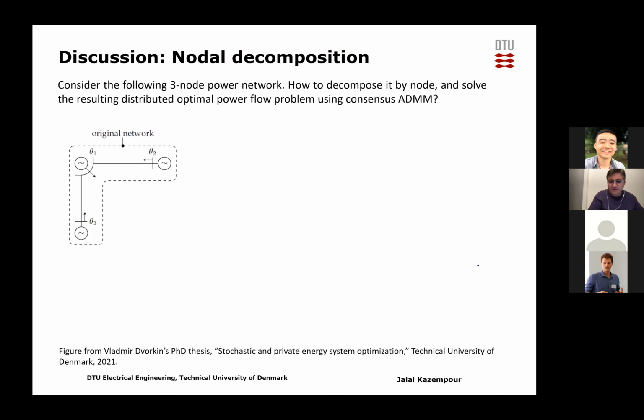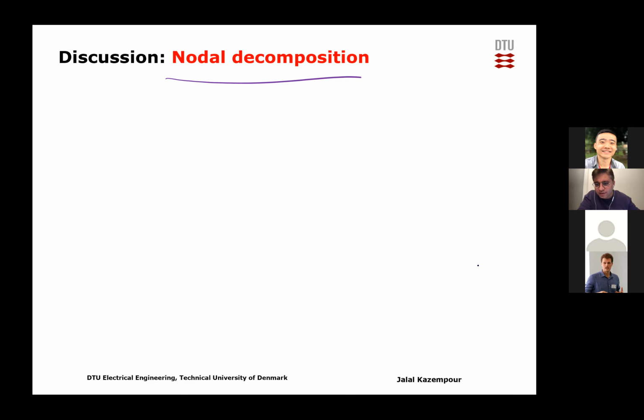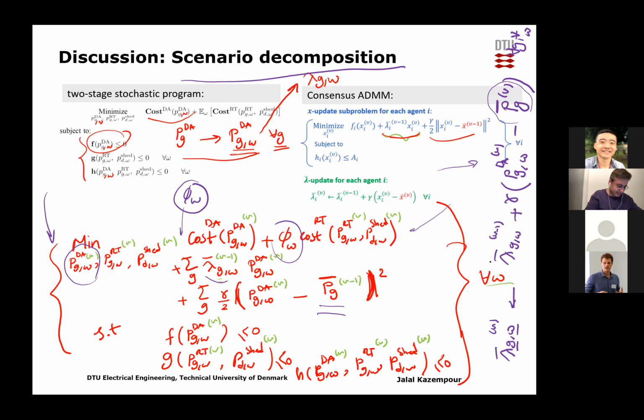Okay, let me say, I will not write equations. Lee says, I think so. We may also change the coefficients to be 1 over n, or another that sums up to 1. Lee, which part are you saying? I'm talking about what Liang suggested, to add the probability also to the term related to the day-ahead cost, so that the decomposed subproblems add up to the same as the original objective function.